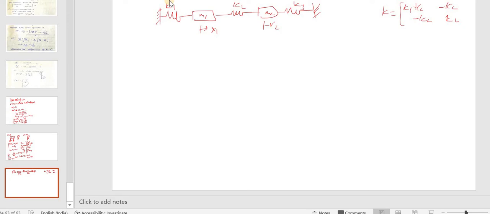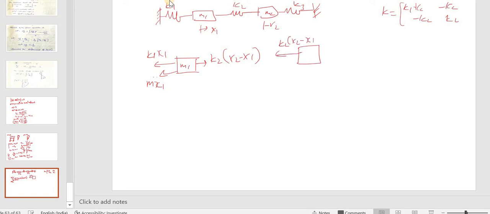So here I am drawing the free body diagram. Here m1. Towards this I am having k1 x1. Here I am having m1 x1 double dot. Towards here I am having k2 into x2 minus x1. Then what about the second figure? Here I am having again k2 into x2 minus x1.